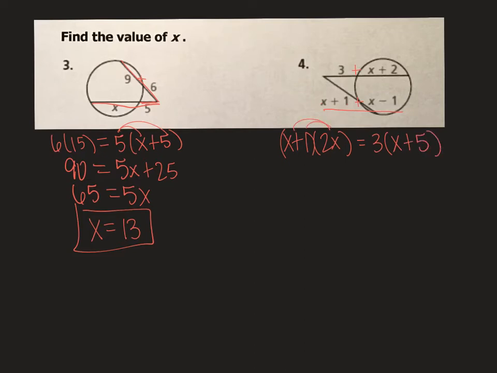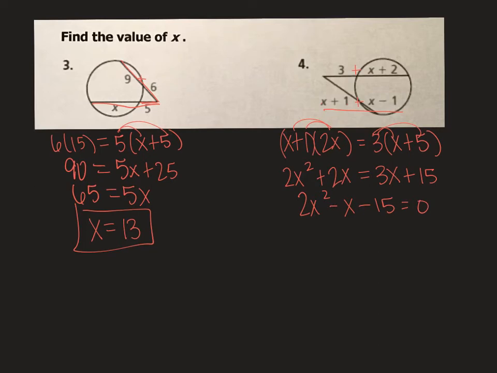So I'm going to distribute my 2x. So 2x squared plus 2x. I'm going to distribute my 3, 3x plus 15. And remember, when I have an x squared term, I got to move everything to one side. So I'm going to subtract my 3x, and I'm going to subtract my 15. So I have 2x squared minus x minus 15 equals 0.